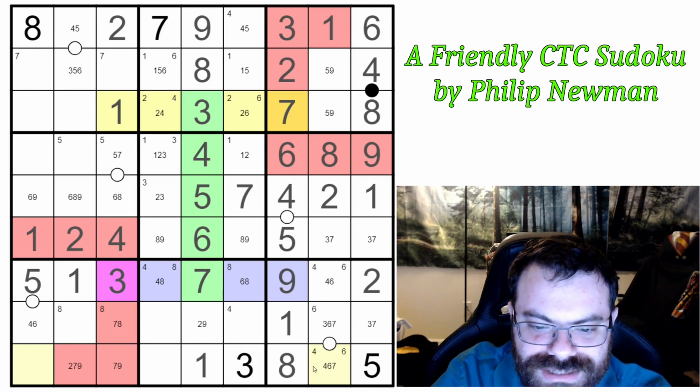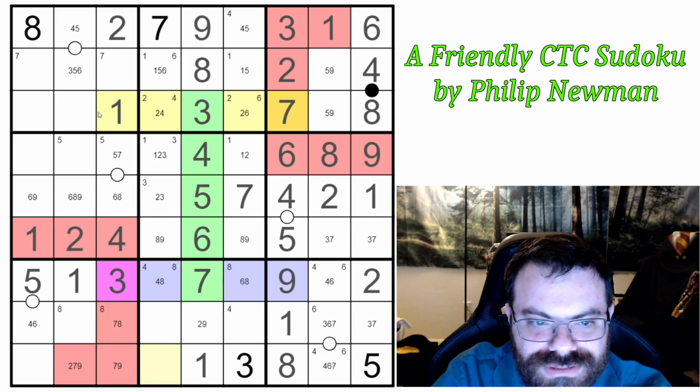Not really seeing that as useful. Come on, what else is happening here? We have these 2s already. How are 2s doing otherwise?